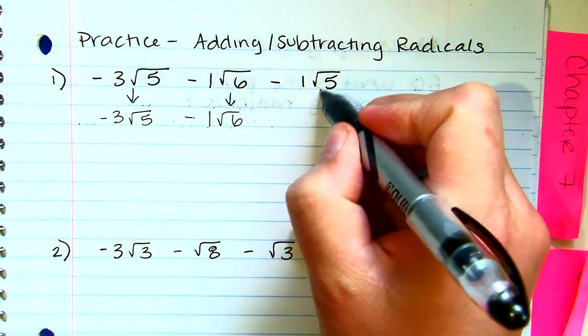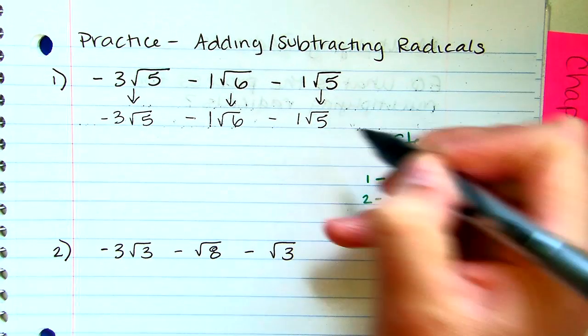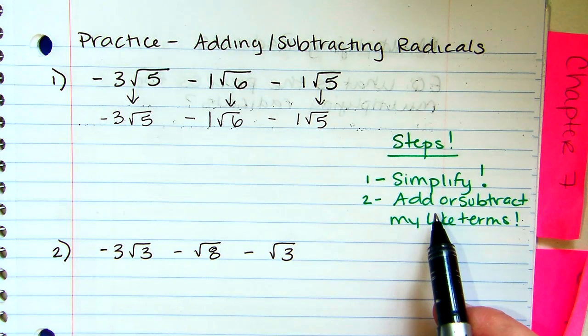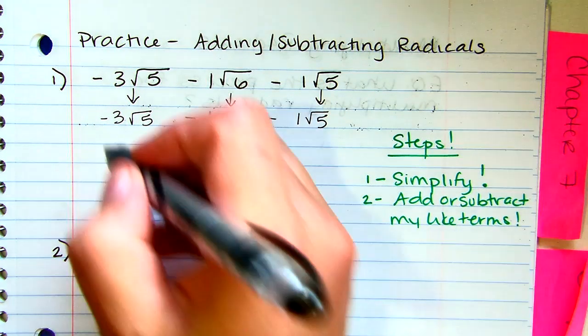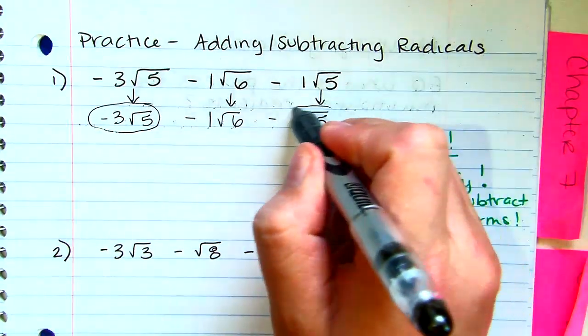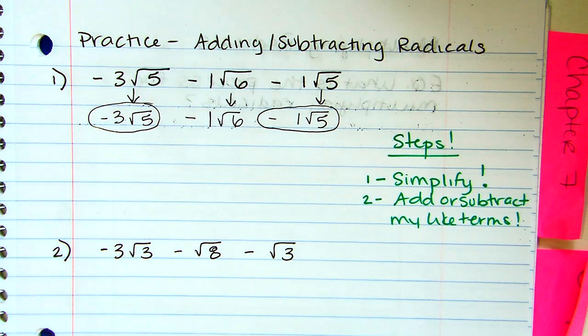So now that we've checked to see if we can simplify anything, we're going to move into adding or subtracting our like terms. Here, my like terms include my negative 3 root 5 and my negative 1 root 5. My root 5s are going to stay the same.